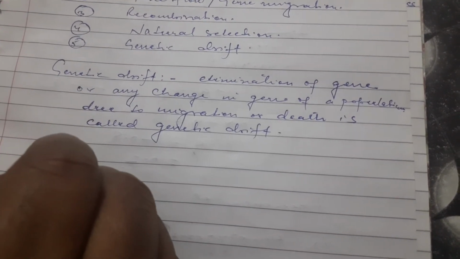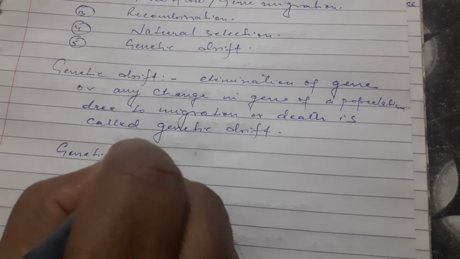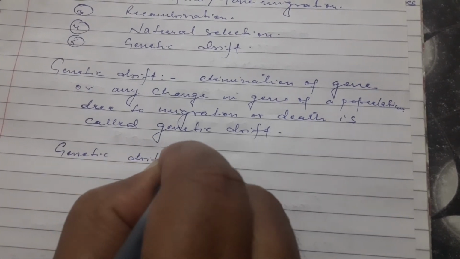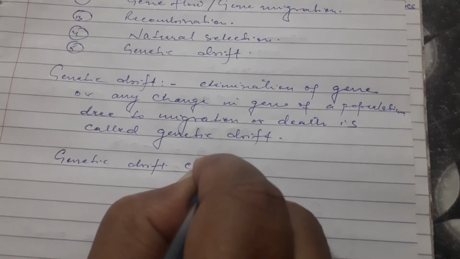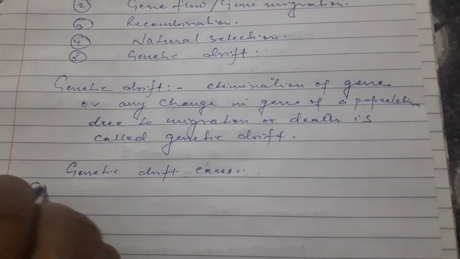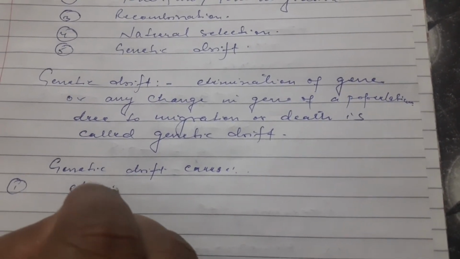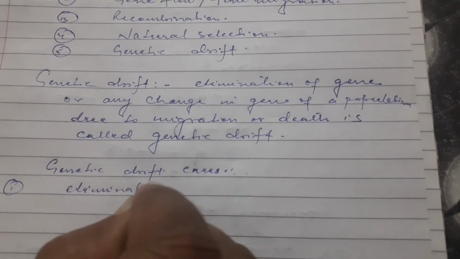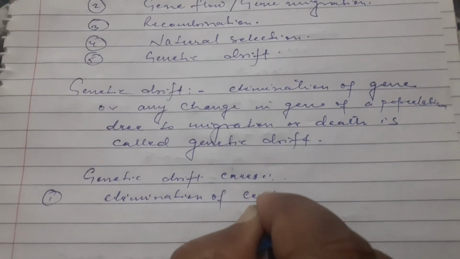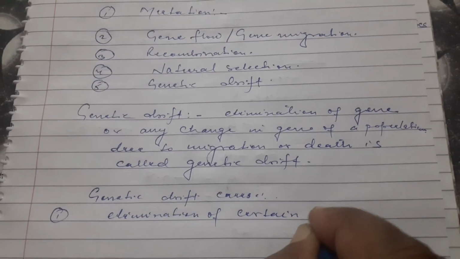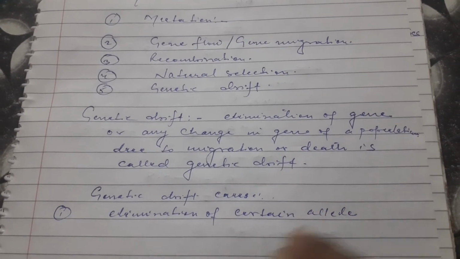Genetic drift causes, number one, elimination of certain allele.